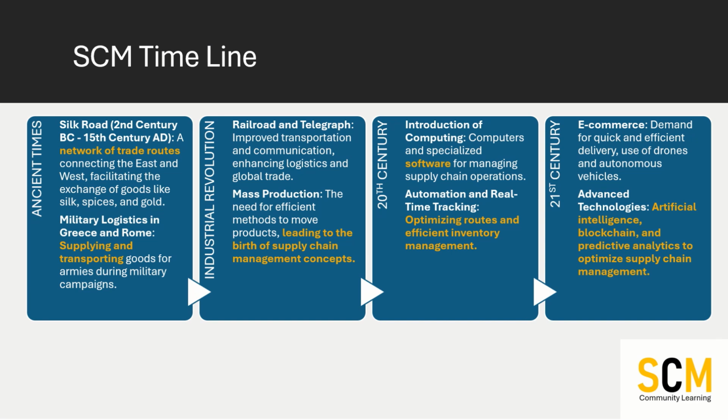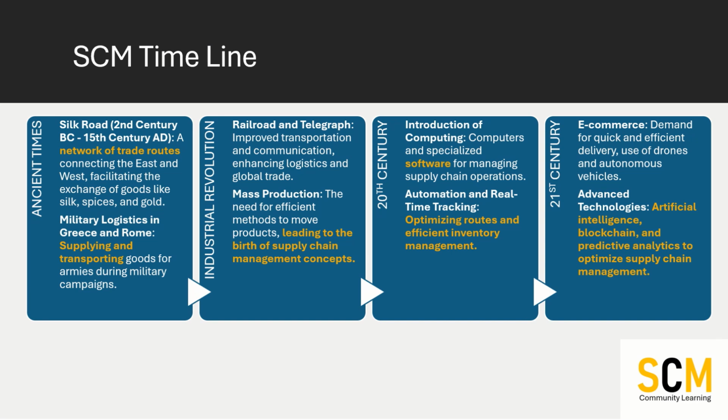Ancient times. We are going to start with ancient times. The Silk Road, from the 2nd century before Christ to the 15th century after Christ, was a network of trade routes connecting the East and West, facilitating the exchange of goods like silk, spices, and gold.